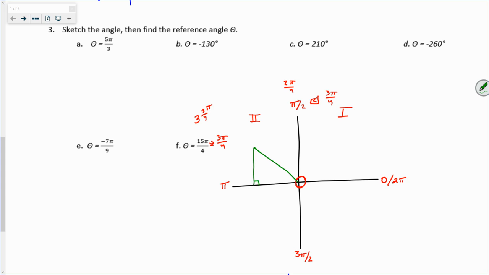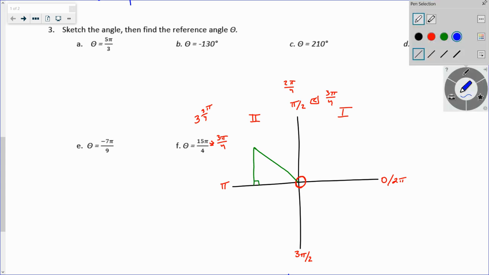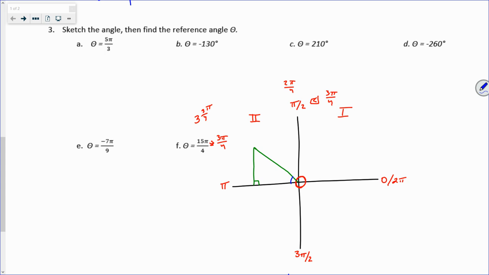Drop the side straight down perpendicular. Reference angle touches the x-axis and the origin. So we need to find this reference angle right here. We've traveled 3 pi over 4 this way, and we need to get all the way to pi.